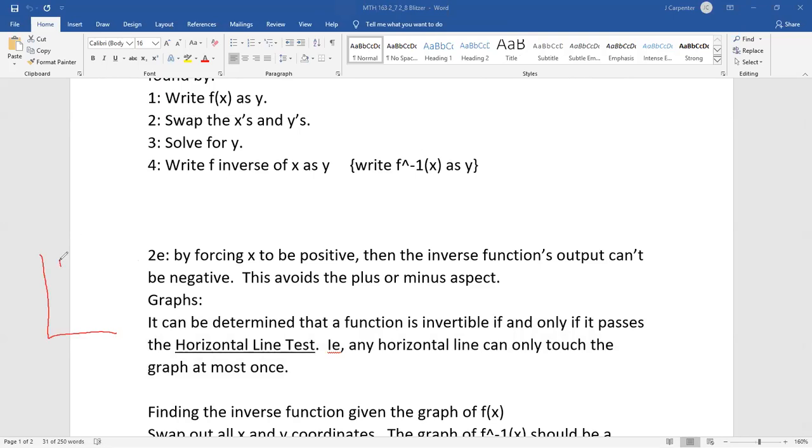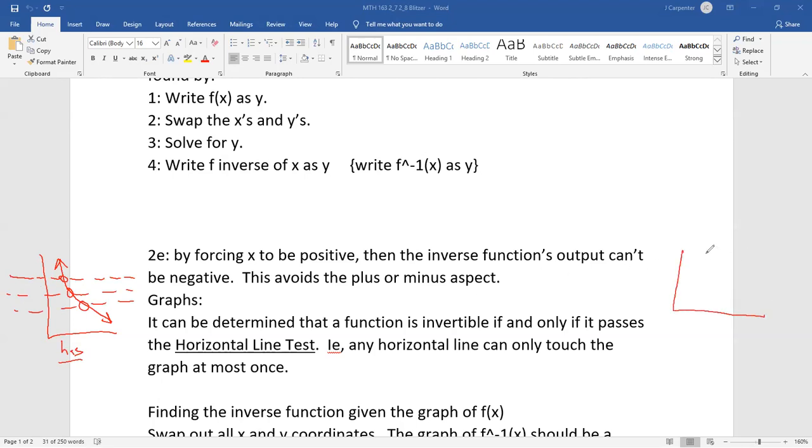Here's your function right here. So the horizontal line test, you're just drawing a bunch of horizontal lines, and each one is allowed to cross once. So this has an inverse.